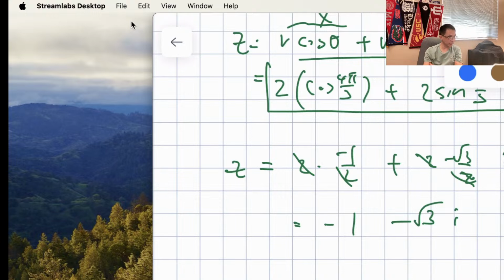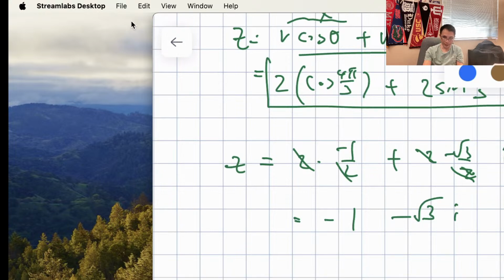Okay, so we're going to talk about a couple more things. We can talk about what if you multiply two polar numbers, like z1 times z2. So this is a complex number, right? What if you have one complex number times one complex number? In terms of polar form, what will happen?